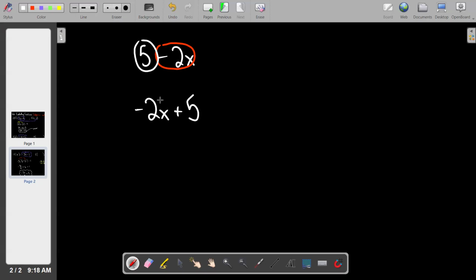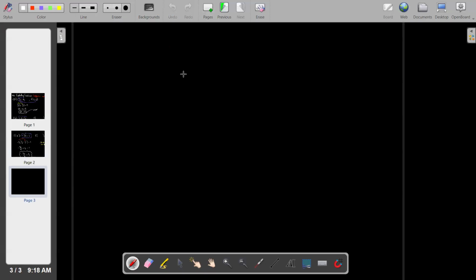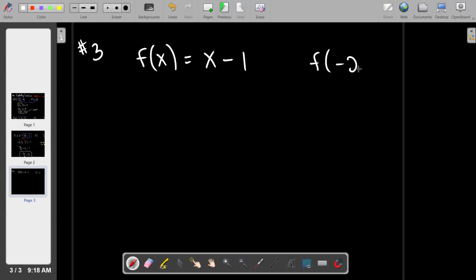Number 3, sure. So our function's name is f, and he processes x's, and he takes whatever you give him and subtracts 1. And we are plugging in -2 minus x like this.